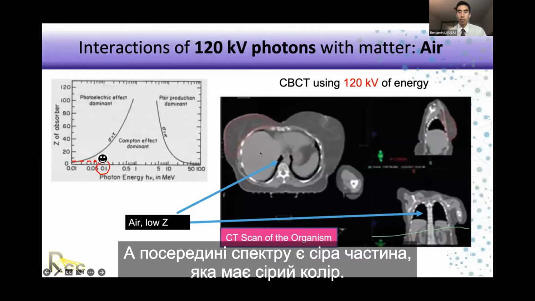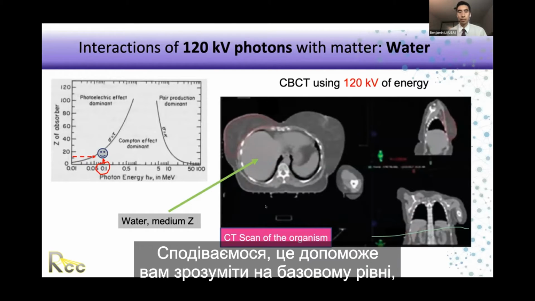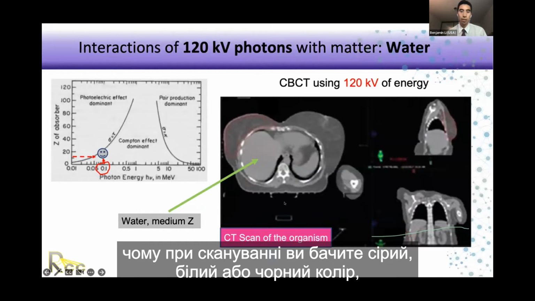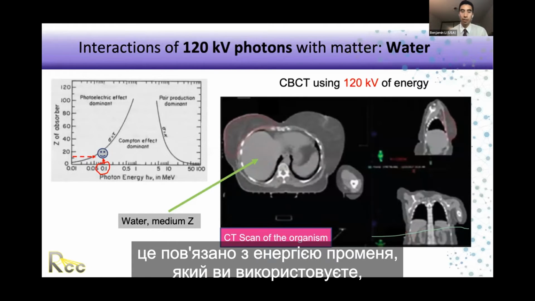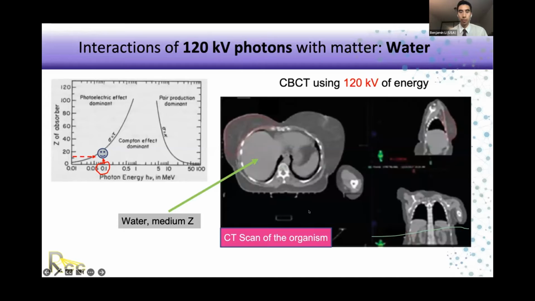And then there's a spectrum in the middle that's gray. Water is medium. And so hopefully this helps you understand at the basic level why when you do your scan, you're seeing gray or white or black. It has to do with the energy of the beam that you're using and the Z of the material that it's passing through.